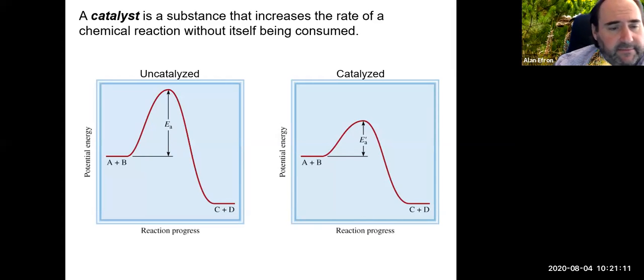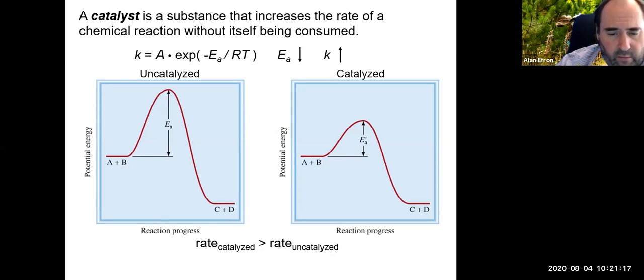And we're going to finish up here by talking about a catalyst. A catalyst is typically something that will speed up a chemical reaction. So when we add a catalyst, it's not a reactant, and it's not a product, and it does not get used up.